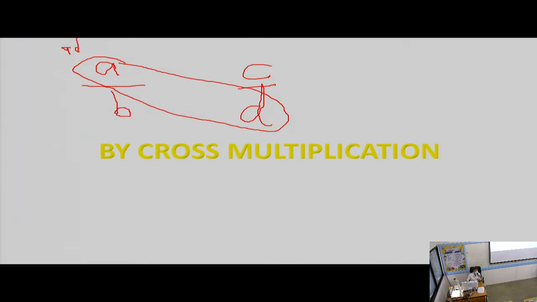And you multiply the numerator of the second fraction to the denominator of the first fraction. As you can see, it's making a cross.